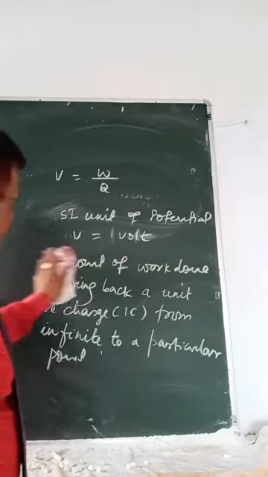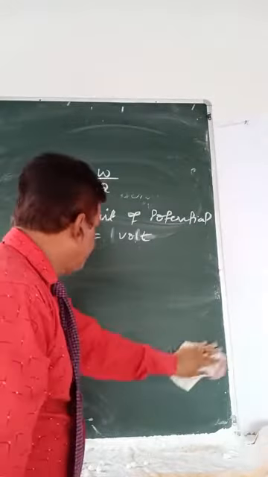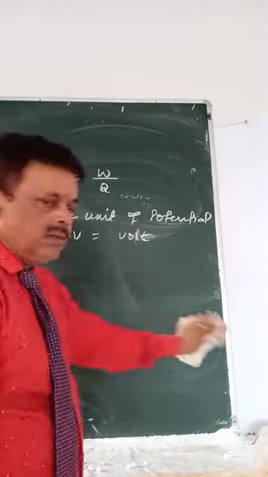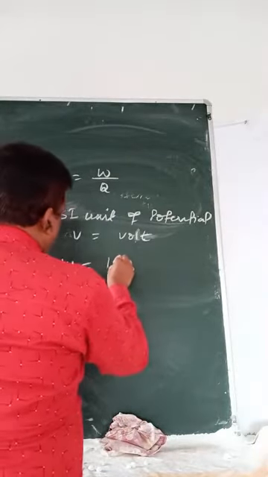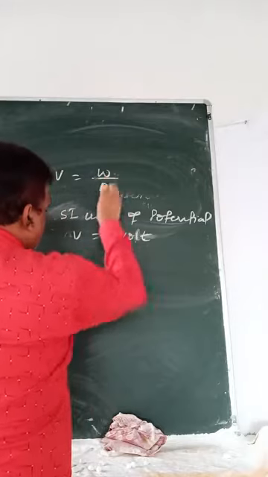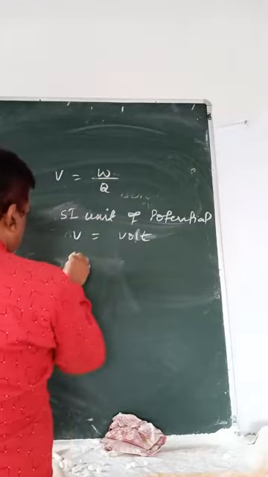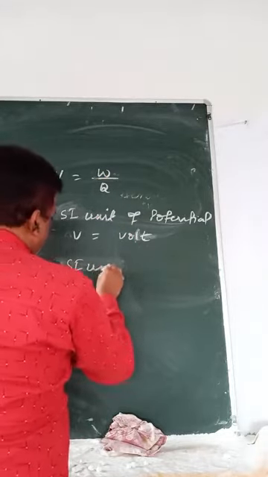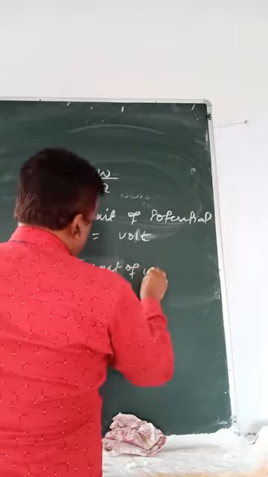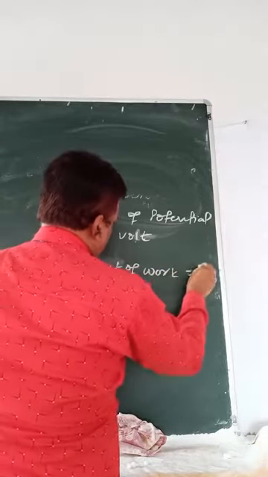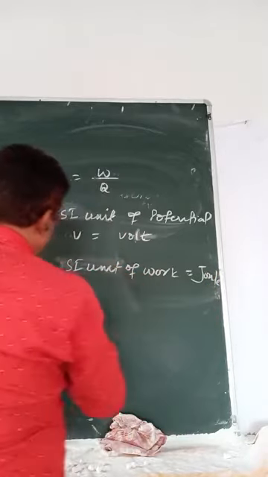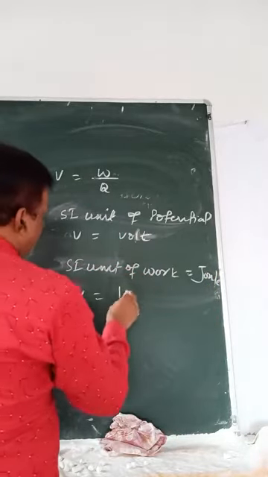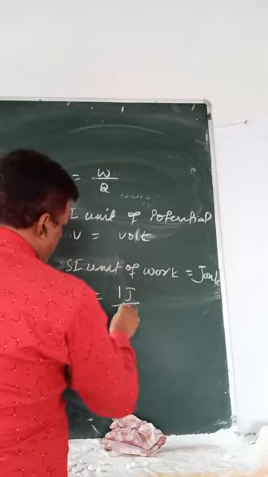So now look here. 1 volt equals 1... what is the SI unit of work? The SI unit of work is joule. That means 1 volt equals 1 joule per 1 coulomb.